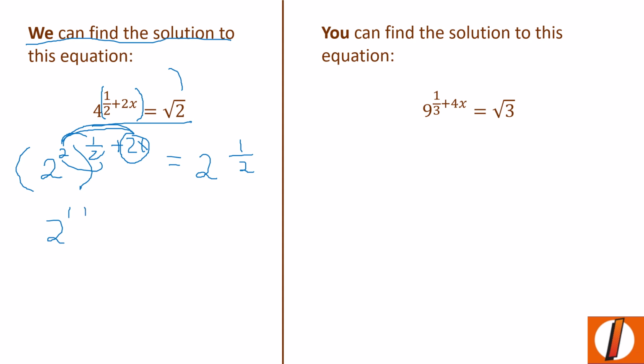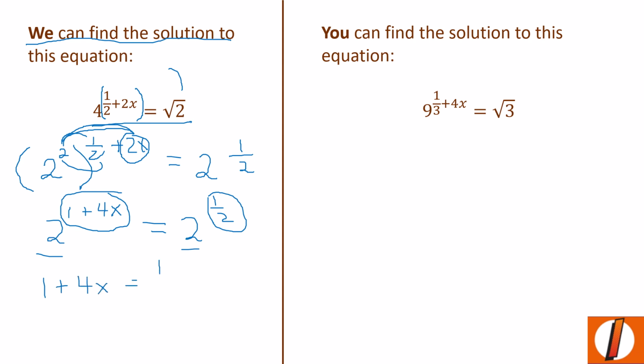So this is 2 to the 1 plus 4x equals 2 to the 1/2. Now if we have the same base, here's where you get your equation. The powers have to be equal. So our equation is 1 plus 4x is equal to 1/2.